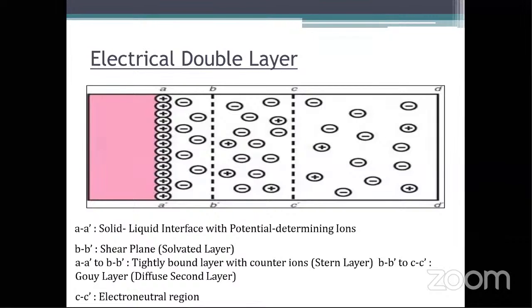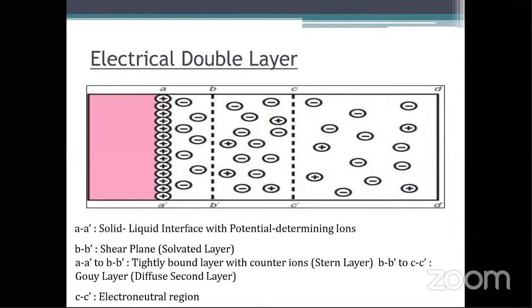So A dash is the solid liquid interface, and in this region potential determining ions are present. All the cations adsorb at the solid liquid interface, and because of this the interface imparts a positive charge. Once the adsorption of cation at the interface is complete, the cations attract a few anions and repel the approaching cation.